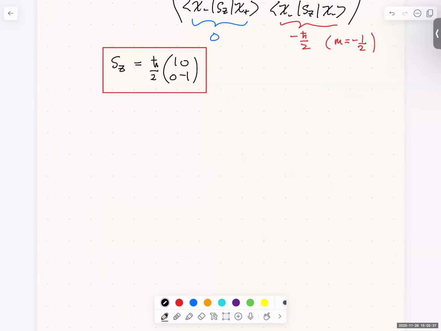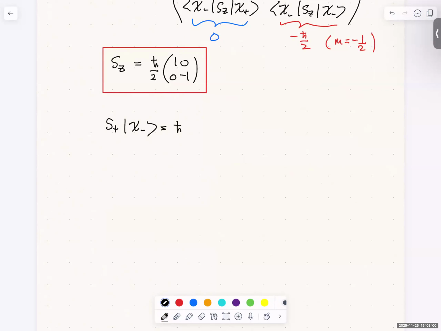Okay, so what do we know? We know that S plus acting on the spin down state is going to take our M and increase it by 1. So if we have M is minus a half, it'll become M is plus a half.